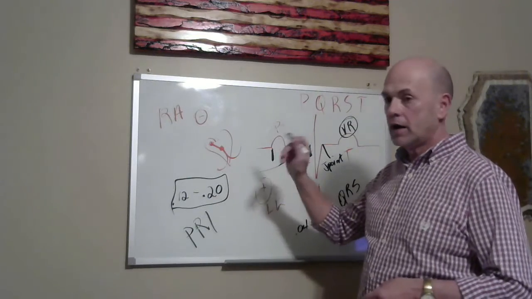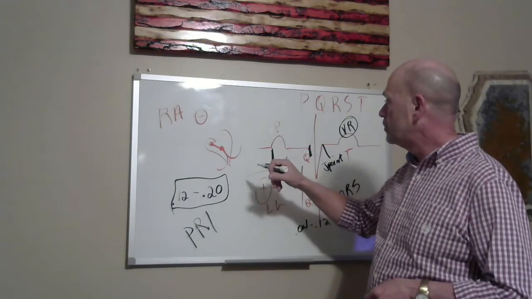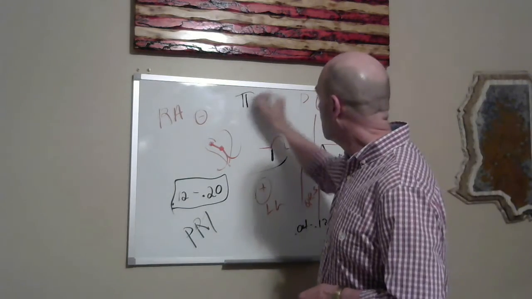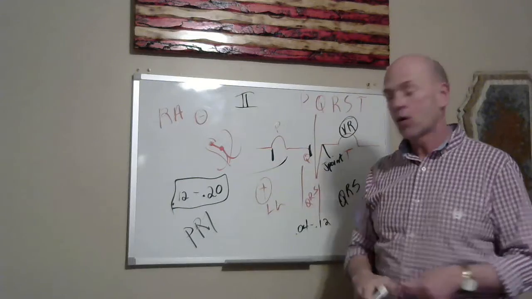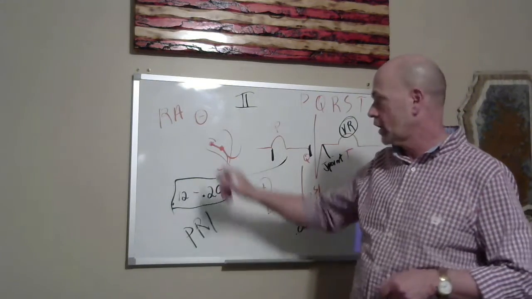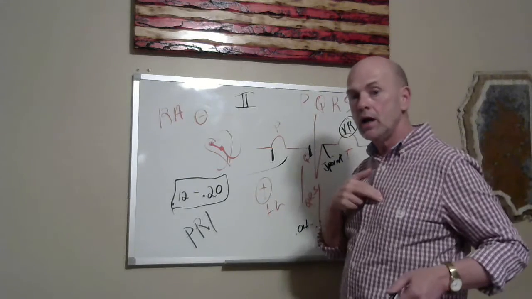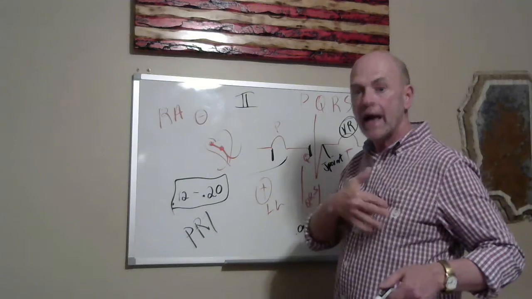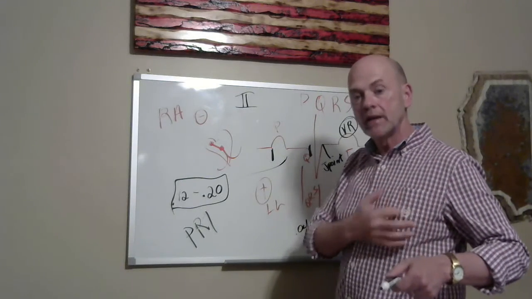So again, for Einthoven's triangle, we're going to use lead 2 most often because the greatest amount of electrical energy on a normal working heart starts in the right atria and moves from the SA node, internodal pathway, AV node, bundle of His, left and right bundle branches.